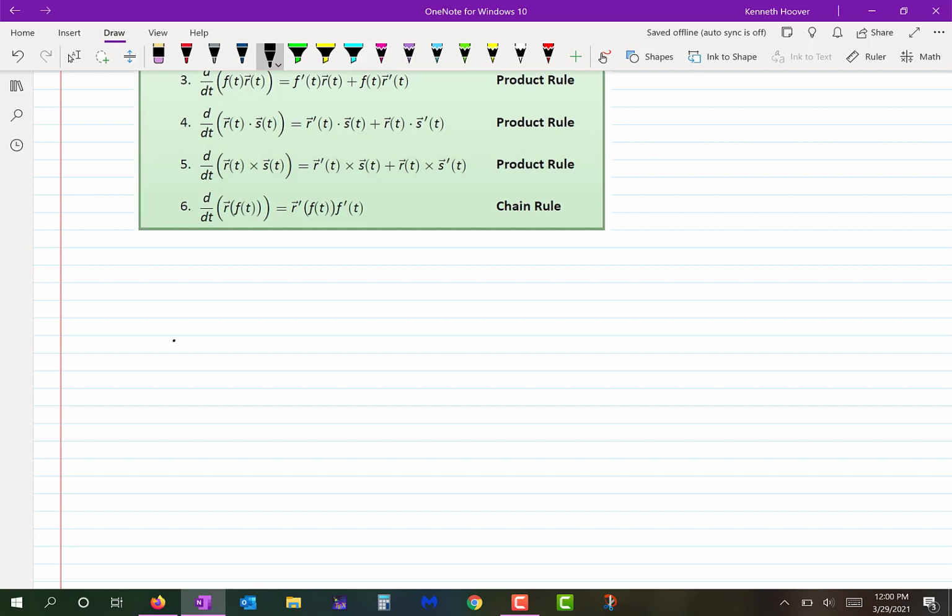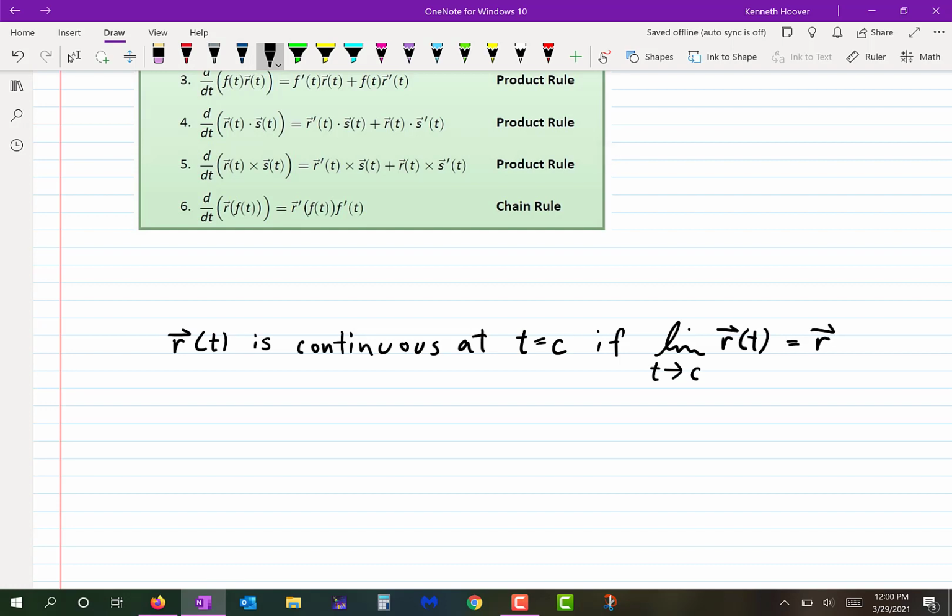Okay, we say r of t is continuous at t equals c if the limit of r of t as t approaches c equals r of c. Same as the definition for continuity of real valued functions from Calc 1.